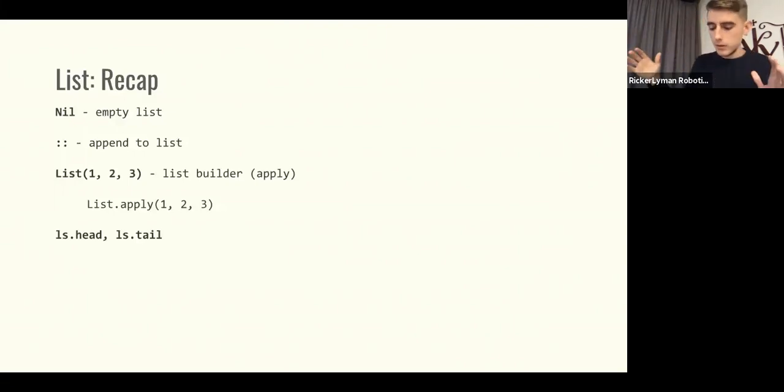So whenever you write parentheses in Scala, this is actually a call to the apply method, the same way as when you call a function. Just remember the function definition trait: there is an apply method, and this is syntactic sugar for that.